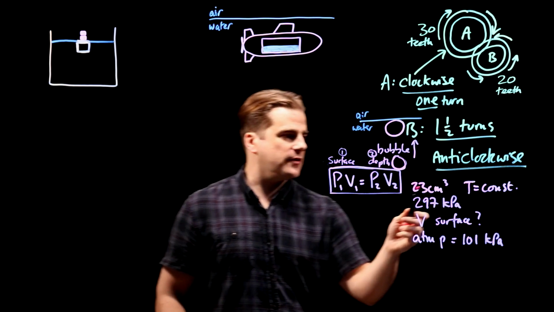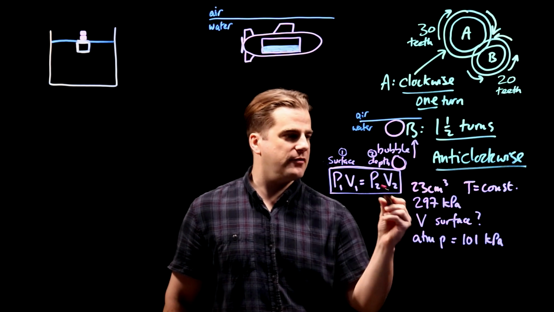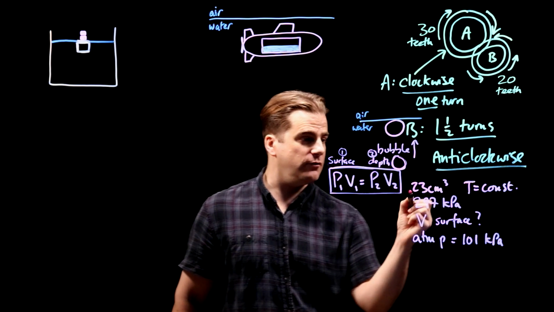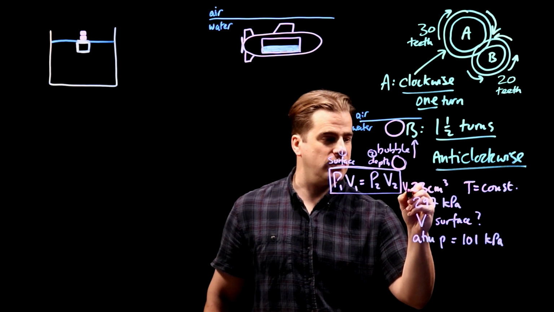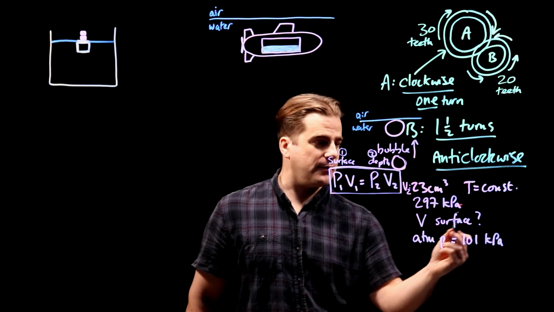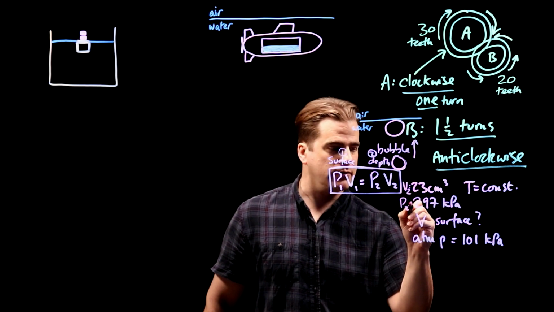Right, so we're told that it was 23 cm cubed at depth. So that is the volume at depth, which we're using a 2 for. So that is V2. We're told it had that pressure at depth, 2 is depth, so that must be P2.